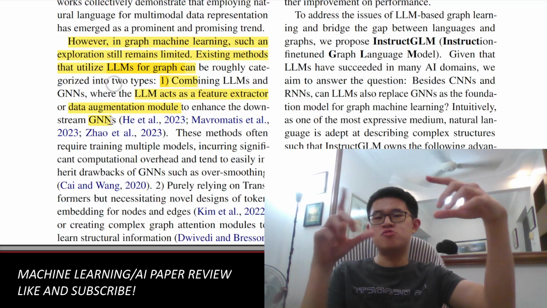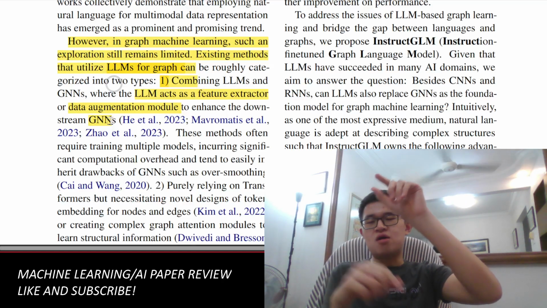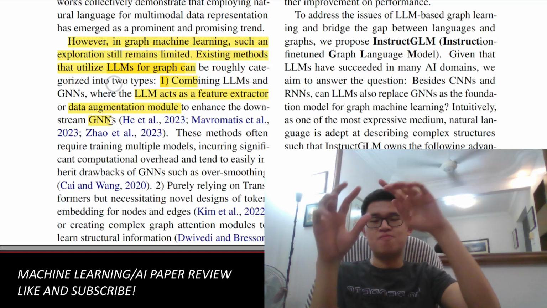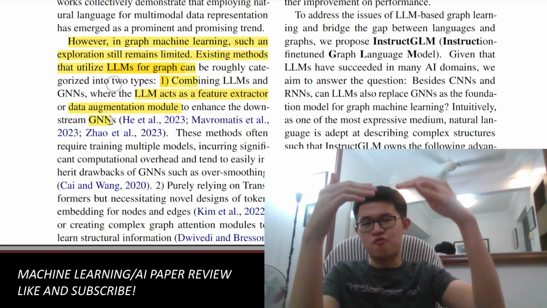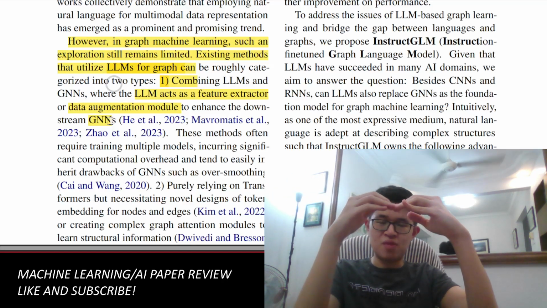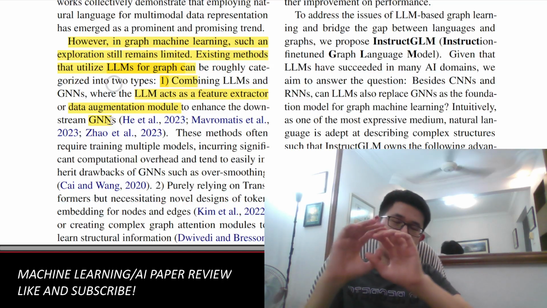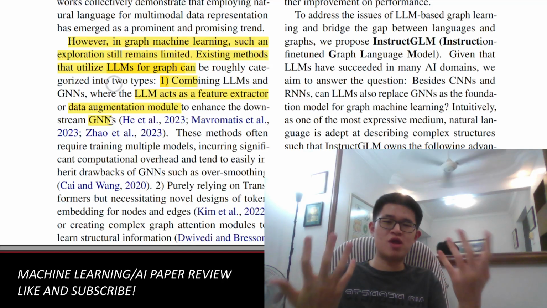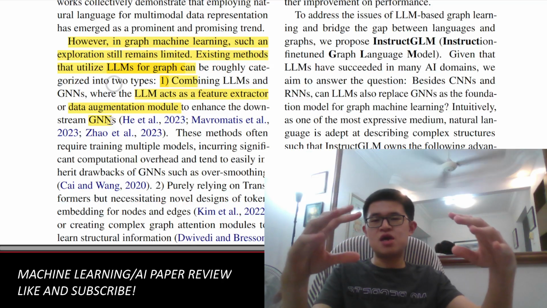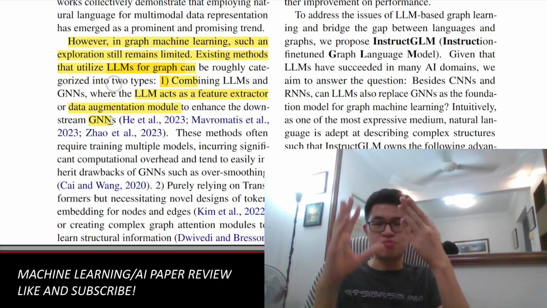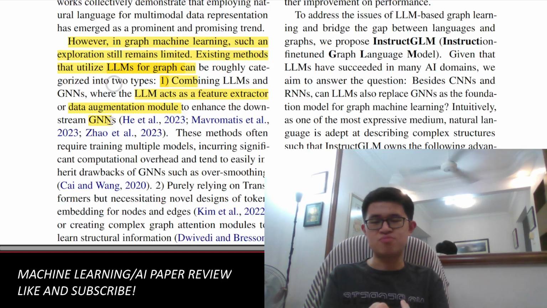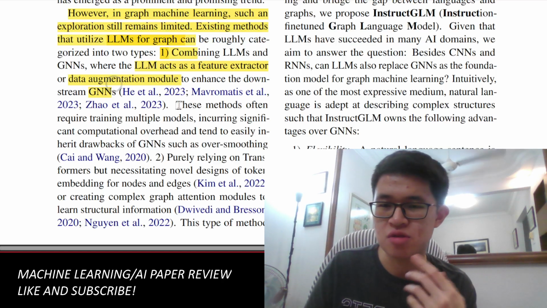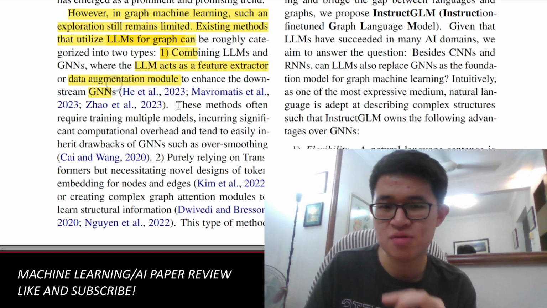So basically what you do is give the LLM the graph topology information inside a prompt, and then you feed the entire prompt into the LLM, and the LLM produces a generated rationale or its thought process information, whatever it is, which you can then feed into the GNN to produce a more accurate response. Yeah, that's a really common approach that you can already find in a lot of papers.